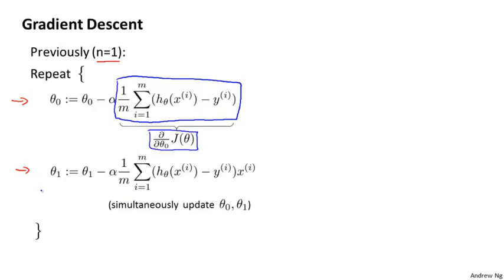And similarly, we had a different update rule for the parameter theta 1. There's one little difference: when we previously had only one feature, we would call that feature x i, but now in our new notation, we would of course call this x superscript i subscript 1 to denote our one feature. So that was for when we had only one feature.